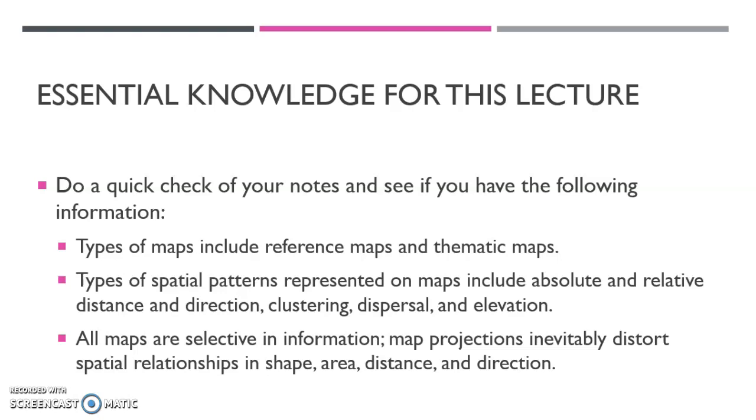The types of spatial patterns represented on maps include absolute and relative distance and direction, clustering, dispersal, and elevation. Also, that all maps are selective in the information that they show. Map projections inevitably distort spatial relationships in shape, area, distance, and direction. Okay. So they're going to distort them in one or more, generally more, of those areas in varying degrees.